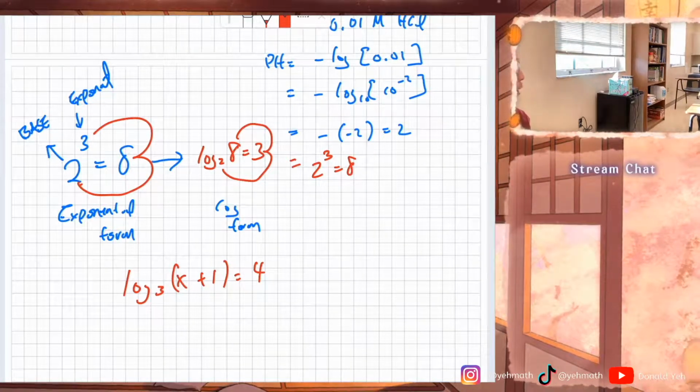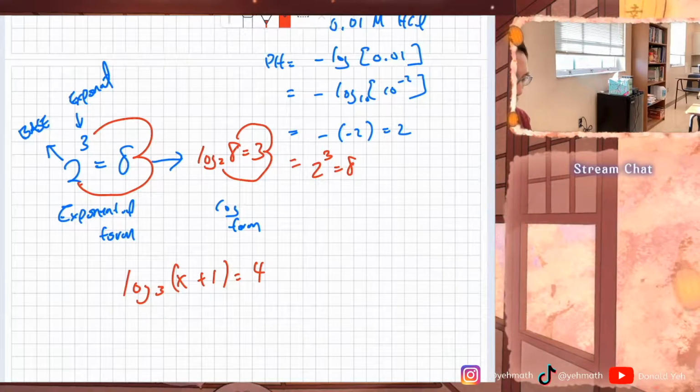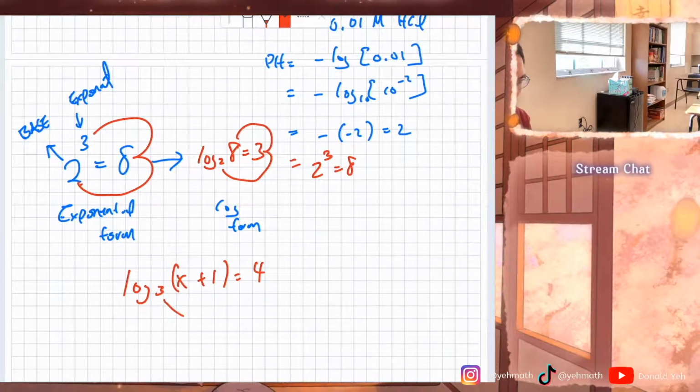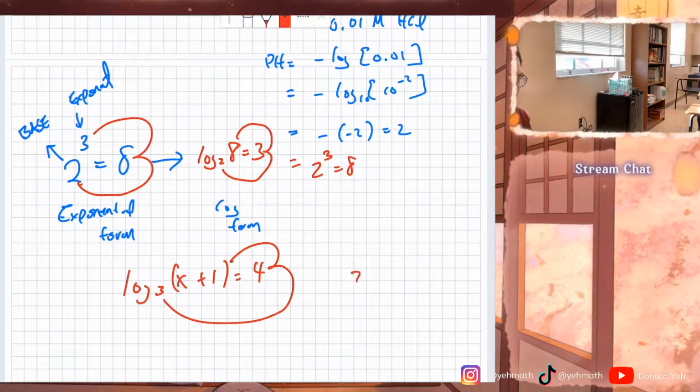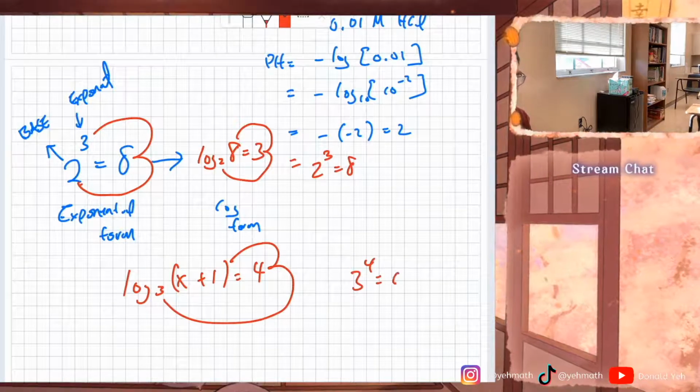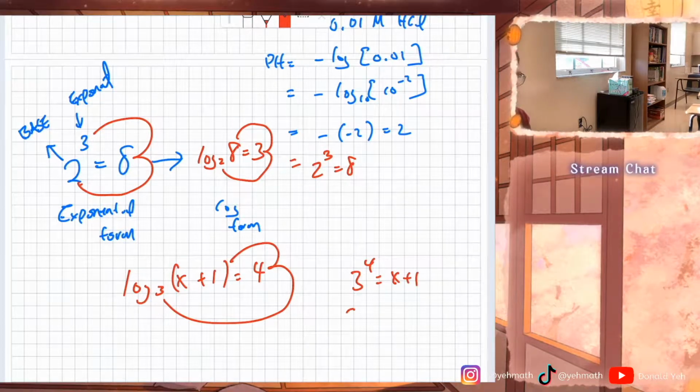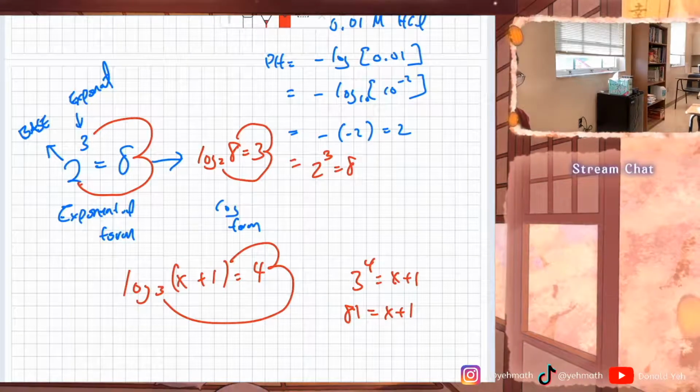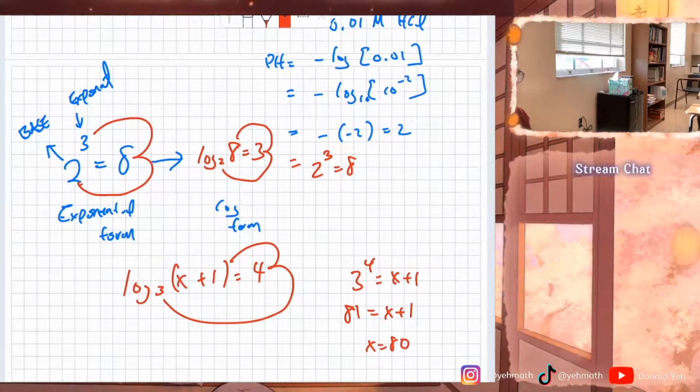So all you have to do is change to log form. How do I change the log form? 3 to the 4 is equal to x plus 1. So 81 equals x plus 1. X must be 80.